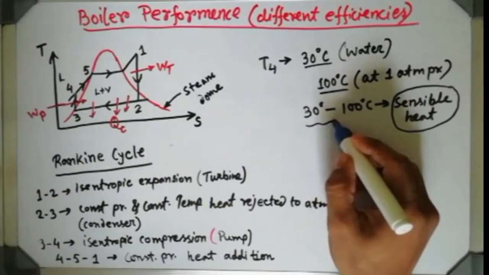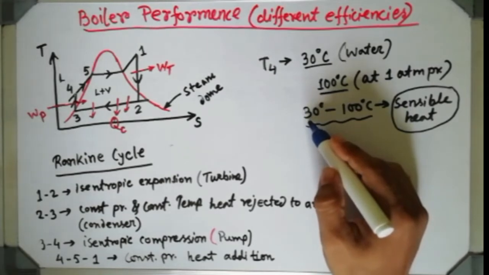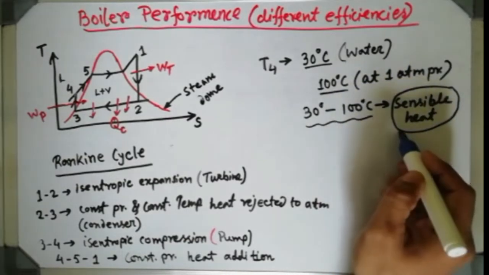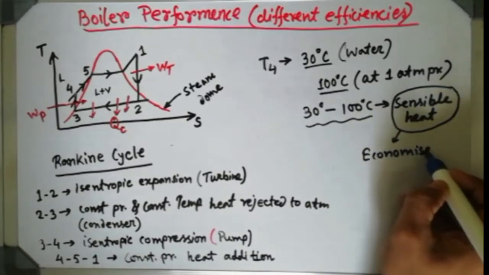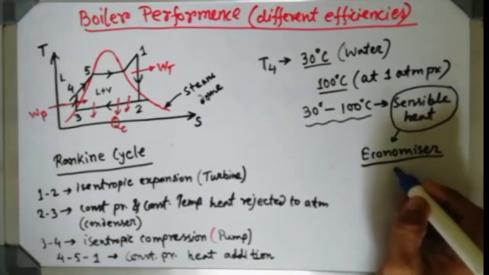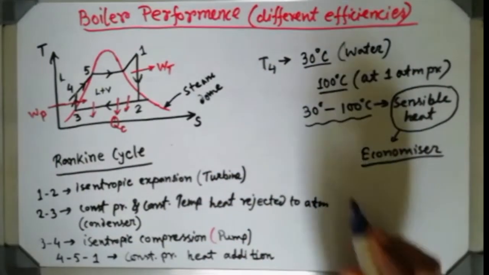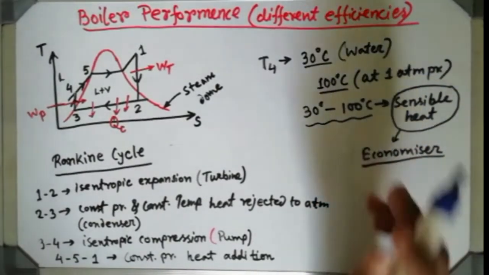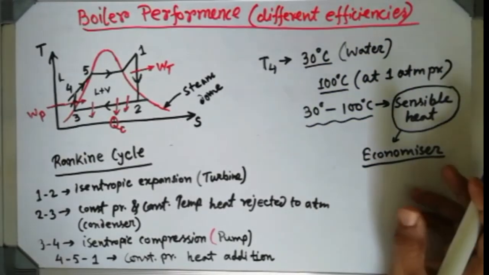So while you are raising the temperature from 30 degrees centigrade, as an example, up to 100 degrees centigrade, that process is done inside the economizer. What is an economizer? I already told you in an earlier class. An economizer is a device which preheats the water before it enters the boiler drum. And the heat required to raise this temperature comes from the hot flue gas.